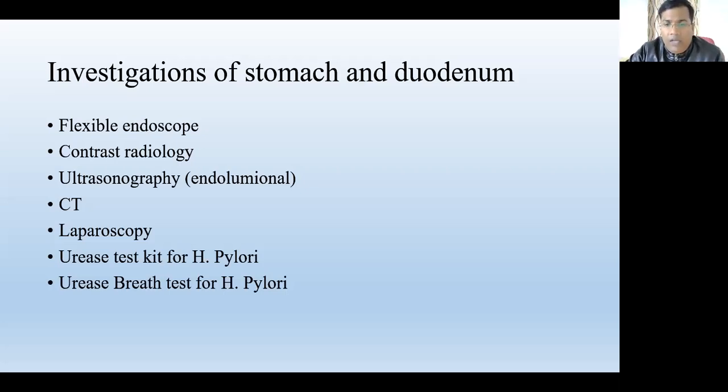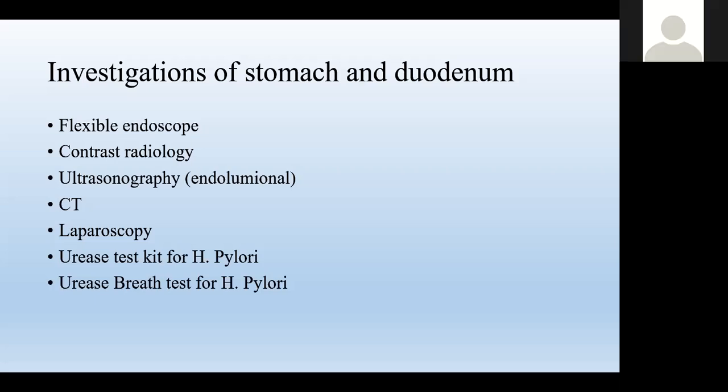Barium meal, barium swallow, and barium follow-through are used where the endoscope is not available, and where you want to know if there are any permanent changes in the structure of the duodenum or stomach, so that a filling defect may be visible.